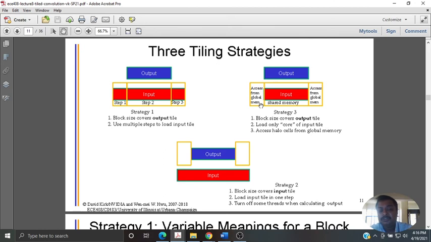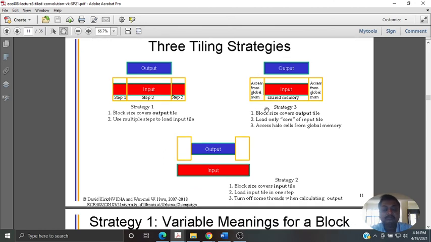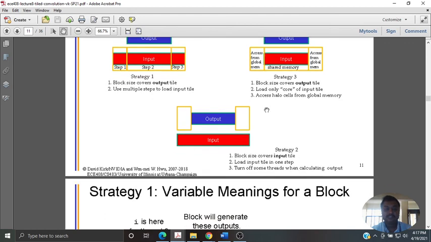Because what we want to maximize is CGMA, compute versus global memory access. We want more computations or more parallel executions rather than memory communications. That can be discussed in the next class.